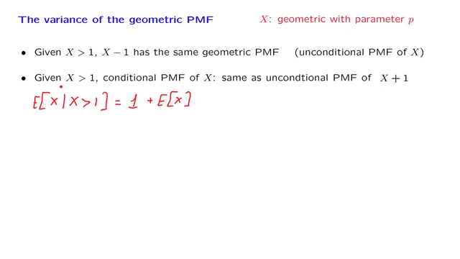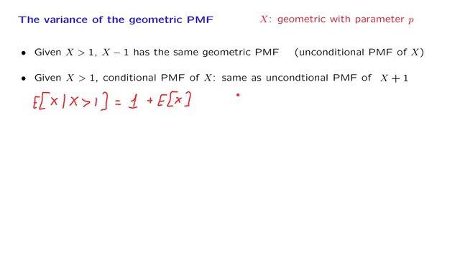Since the conditional distribution of x in this universe is the same as the unconditional distribution of x plus 1, the corresponding expected value in this universe is going to be equal to the expected value of x plus 1, which is 1 plus the expected value of x.